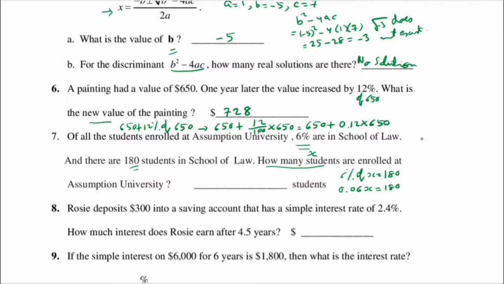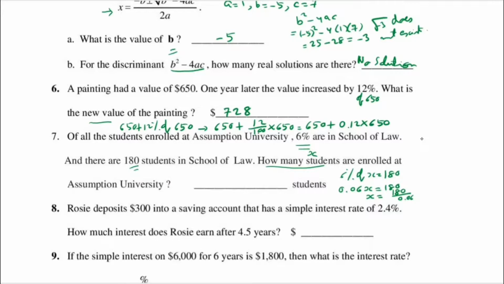So if you divide the left hand side by 0.06, you leave x alone. If you divide the right hand side by 0.06, what do you get? Use calculator. 180 divided by 0.06 is equal to 3000.